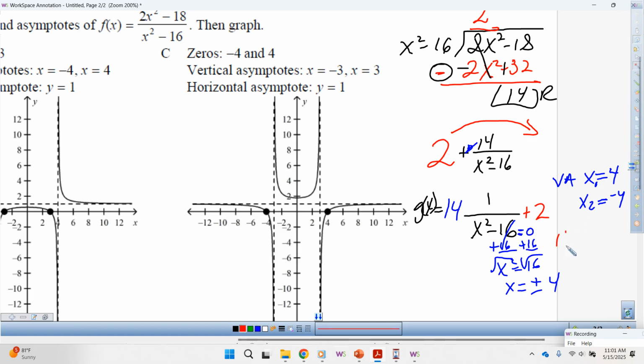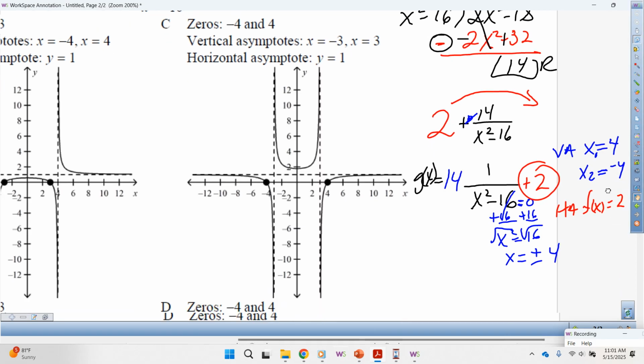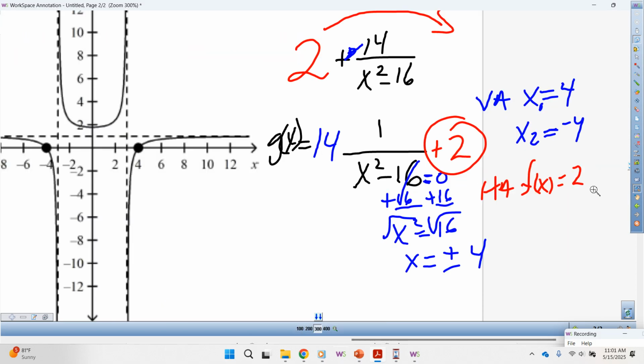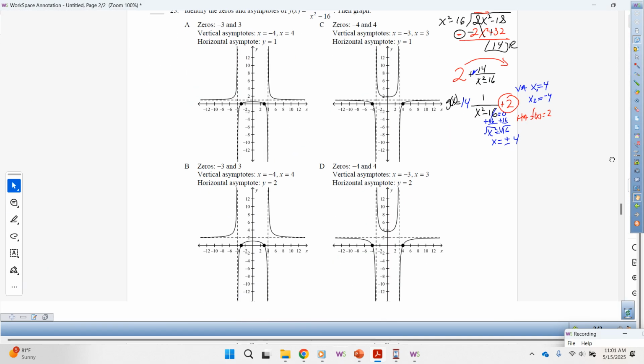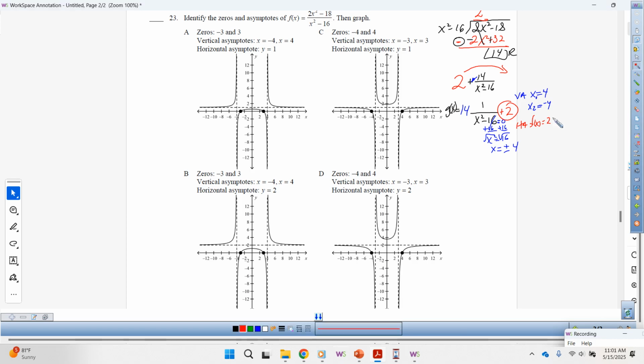What's our HA? F of x equals positive 2. So let me zoom out. Start with our HA, positive 2. Let's see. Positive 2. No, this one's not it. Positive 2. No, that one's not it. Positive 2, yes. Positive 2, yes. Okay.